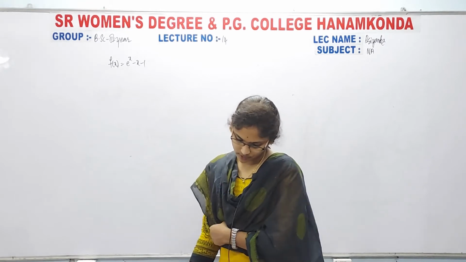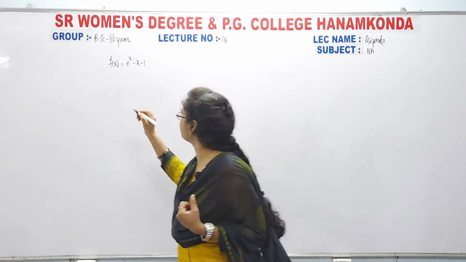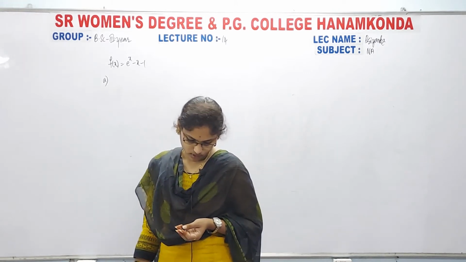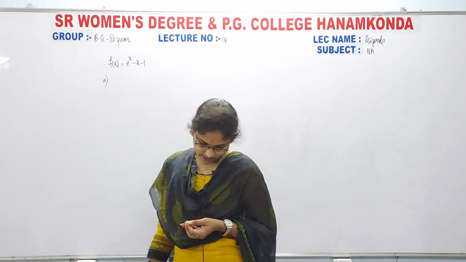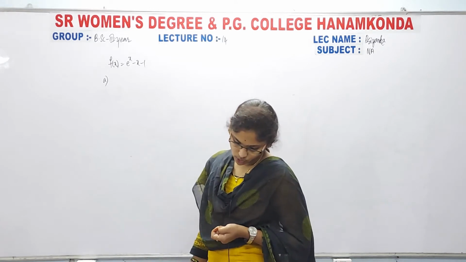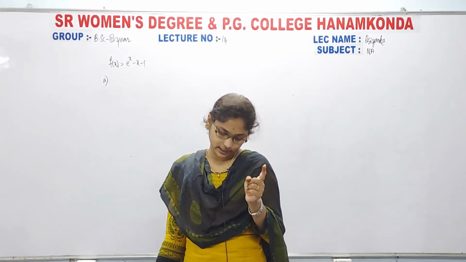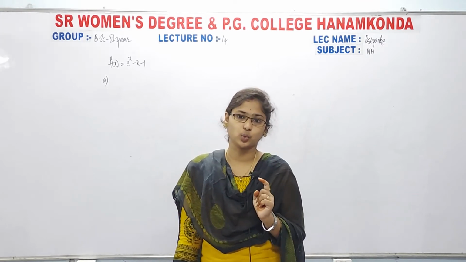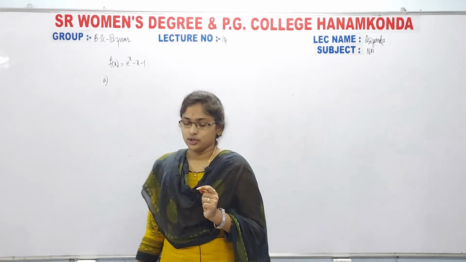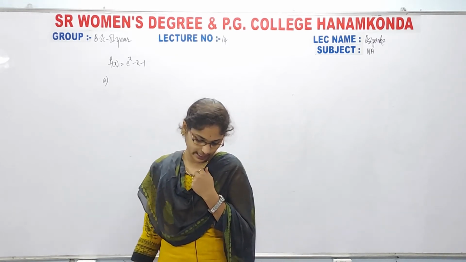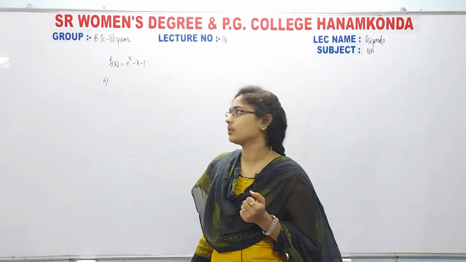A bit. Show that f has a 0 of multiplicity 2 at x equal to 0.